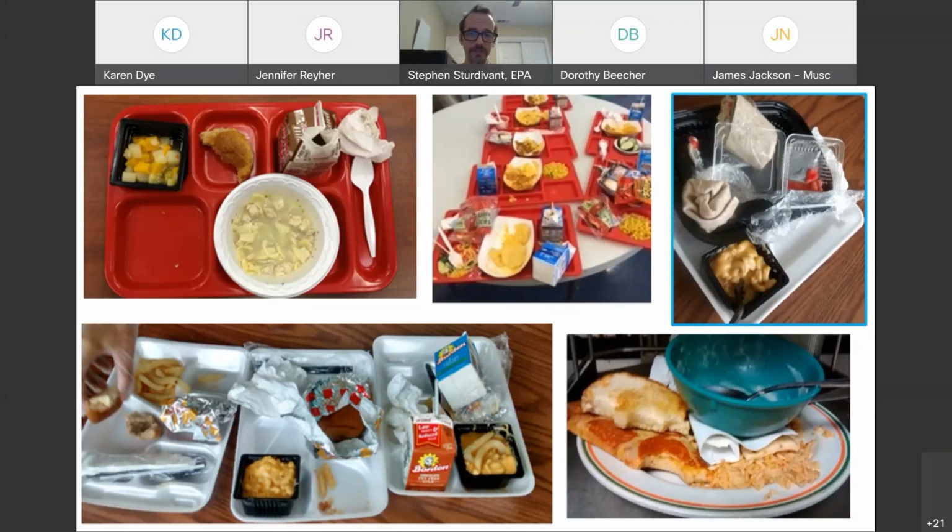I don't know about you, but you look at that styrofoam, you see those plastic packagings, and you think to yourself, gosh, what can we do? What can we do better to reduce the amount of plastic waste? And a lot of schools are throwing a lot of money at this. They're trying to buy reusable trays, or compostable, more eco-friendly materials. And that's great and that's important.